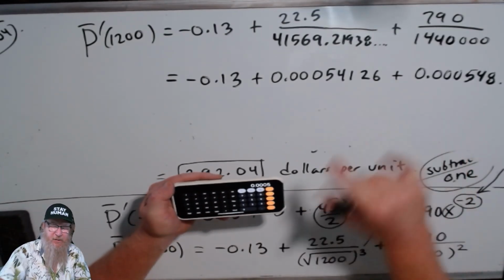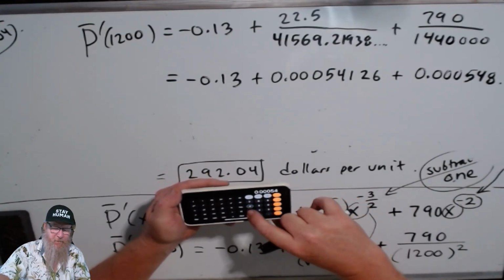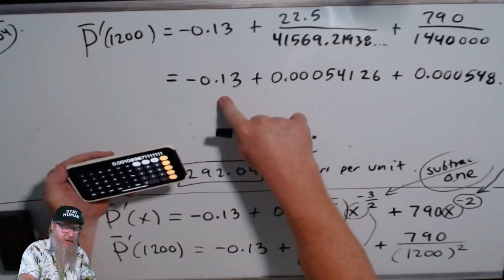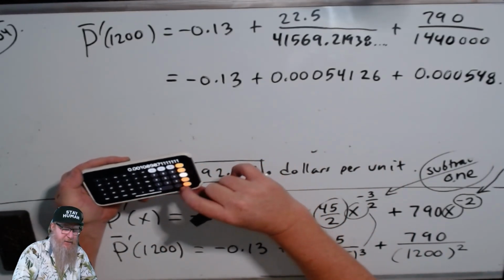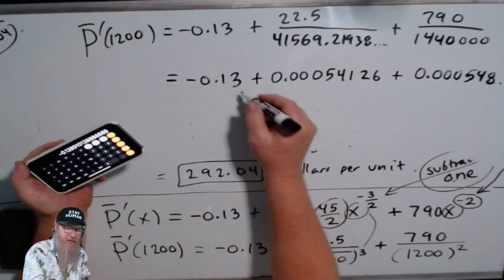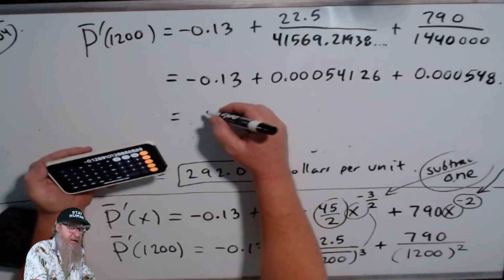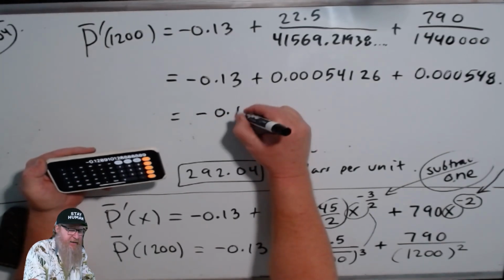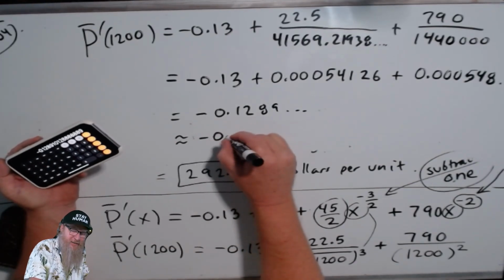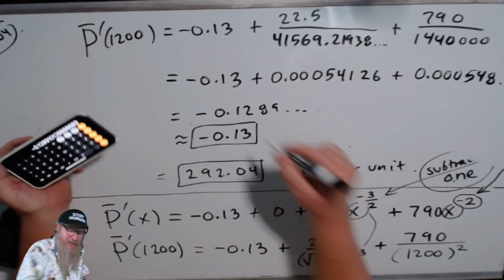Interesting how close these are to each other. 5, 4, 1, 2, 6. They're not identical, but they're close. And then minus 0.13. That's like the dominator there. That's 13 cents. So you're going to get negative 12.89, which is really just back to 13 cents.